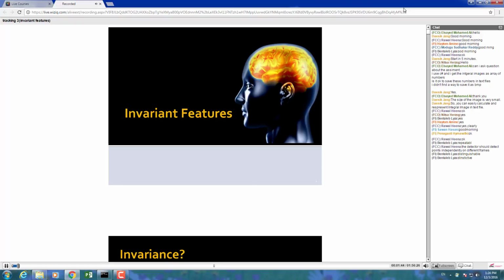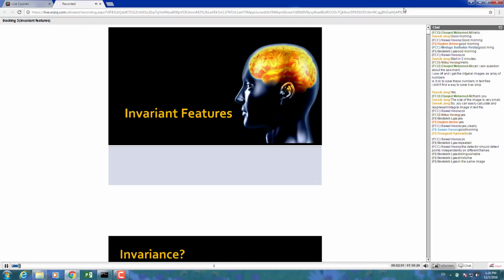If they look very similar, then it is not distinguishable, right? In the same image, we should have every point distinguishable from other points.